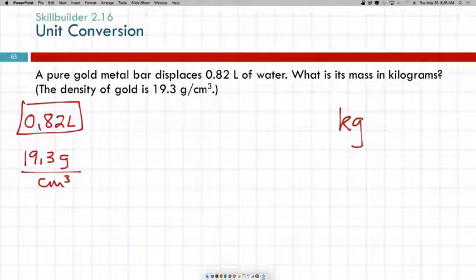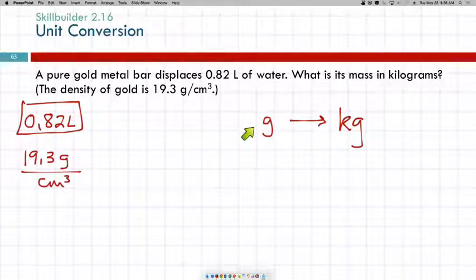What do we do? It's okay, we can do this. Well, looking at these two, which of them most closely resembles one of these? Grams and kilograms, that looks the easiest, right? So if we had grams, we could get to kilograms just knowing what kilo stands for.